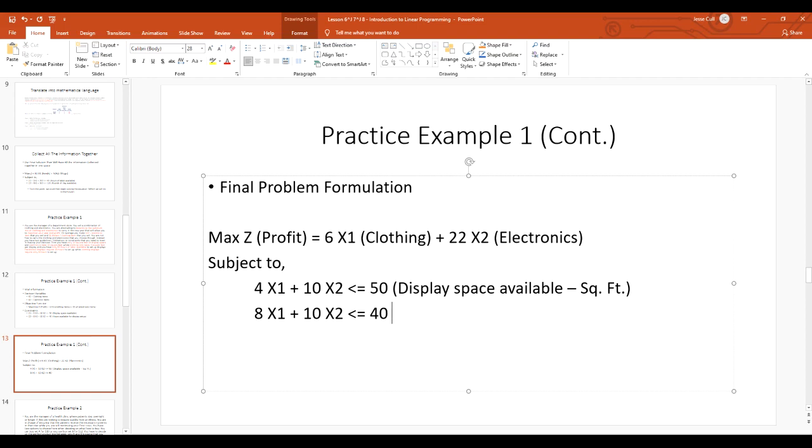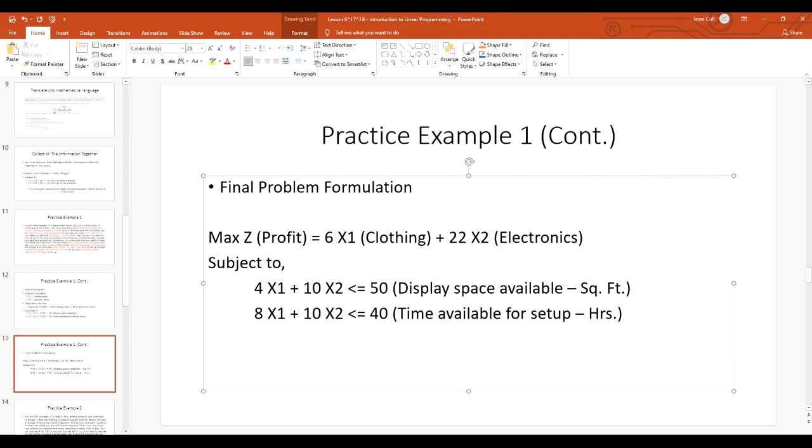And we see here this is the time available for setup in hours. Again, that information isn't necessary but it may be helpful initially when trying to understand what we are doing.